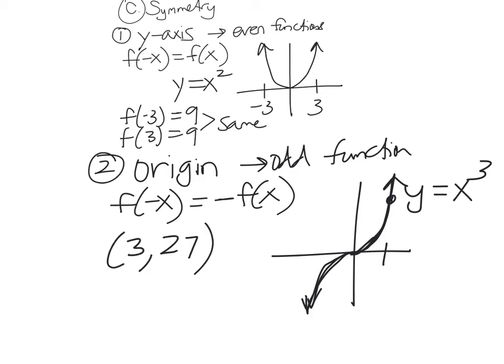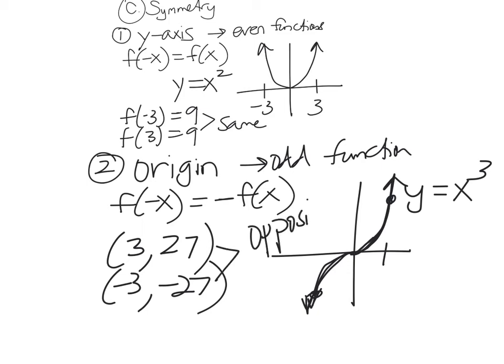But if I pick x equals negative 3, I get the opposite. I get negative 27. So these end up being opposite. So if your points are exactly the same, no matter if you plug in a positive or a negative x value, it's even. If they're exactly the opposite, when you plug in 3 or negative 3, it's an odd function, opposite for odd.